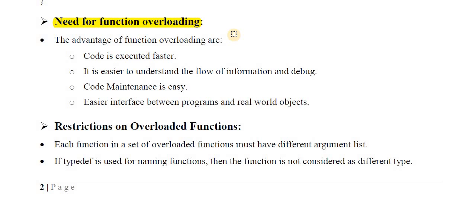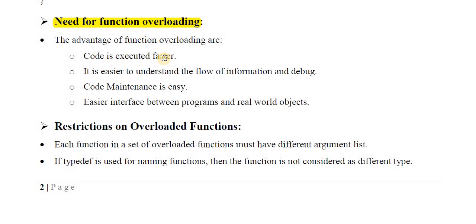In the examination you will get a 5 marks question like what is function overloading, explain need for function overloading. Or you will get a question like what is function overloading, write the advantages of function overloading. So for both types of question you have to write the same answer.